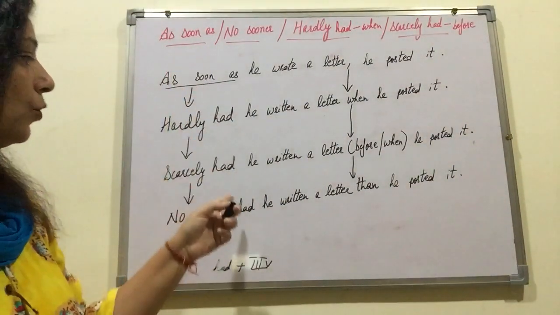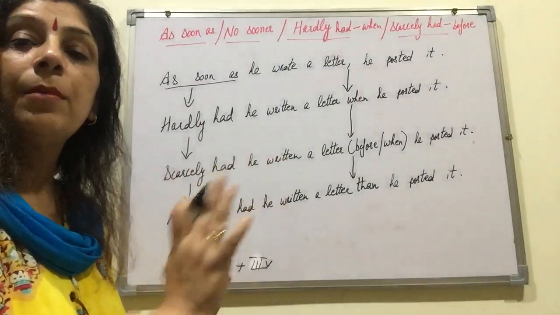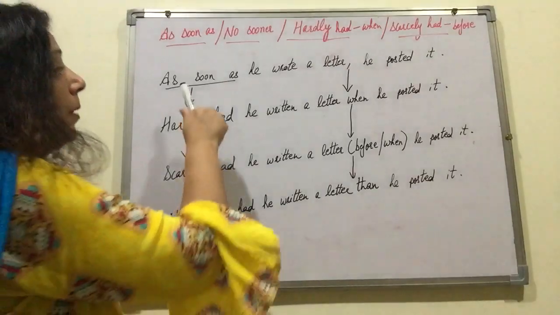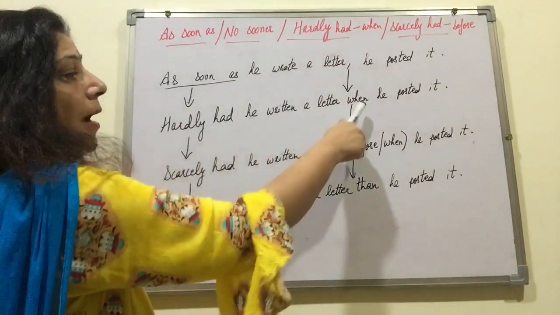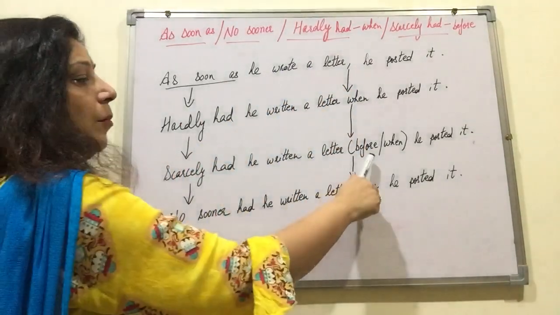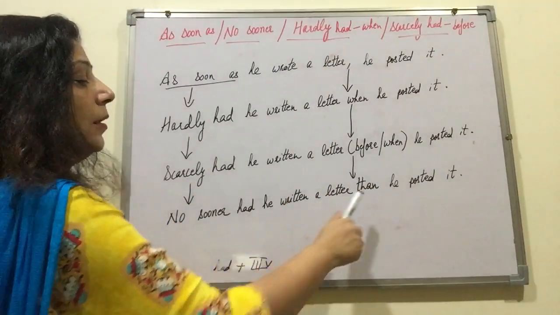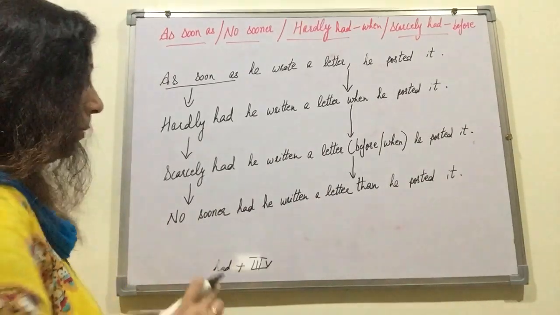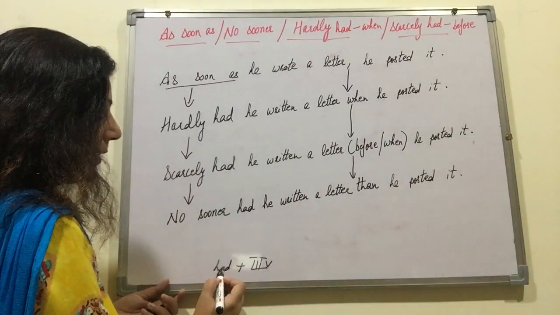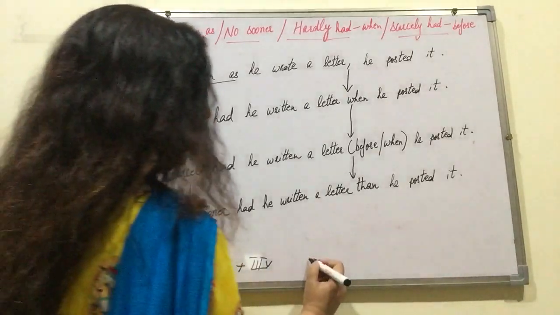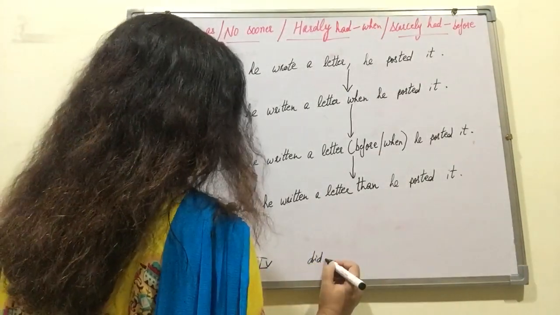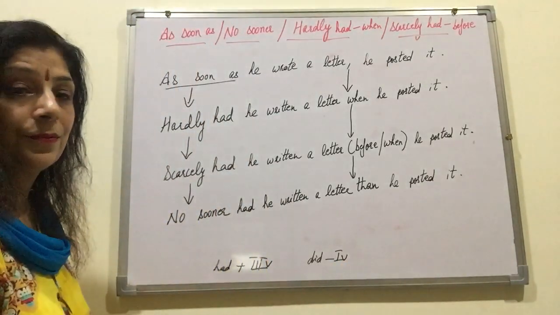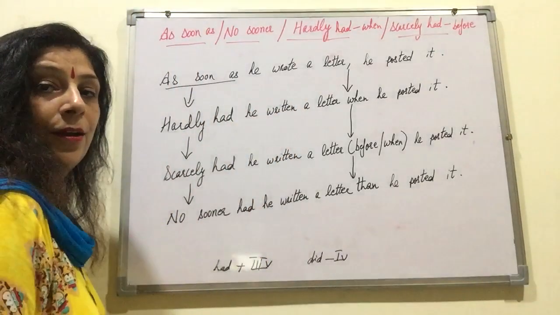So these are the four cousins which can be interchanged into one another. Remember: as soon as, comma; hardly had, when; scarcely had, before; no sooner had, than. So remember the format, and remember that had always takes the third form and did always takes the first form for these sentences, right?